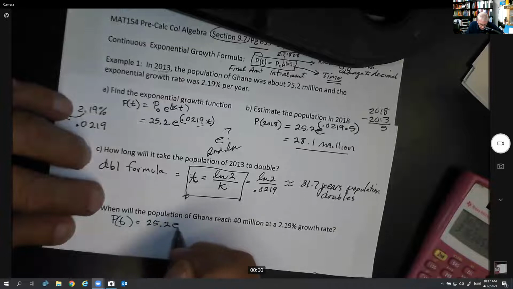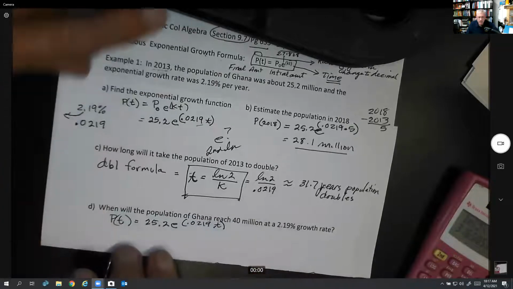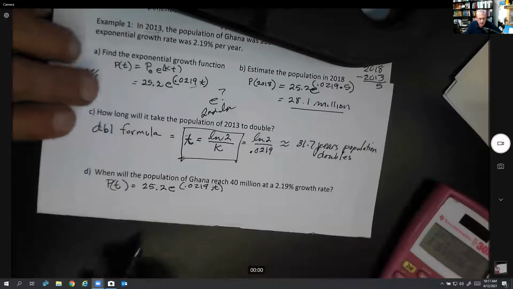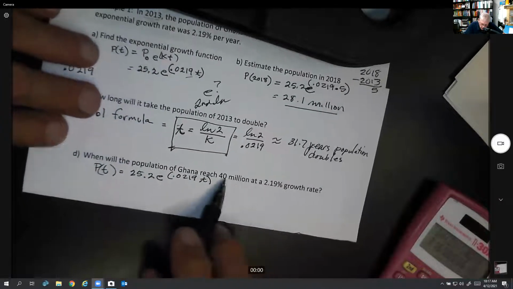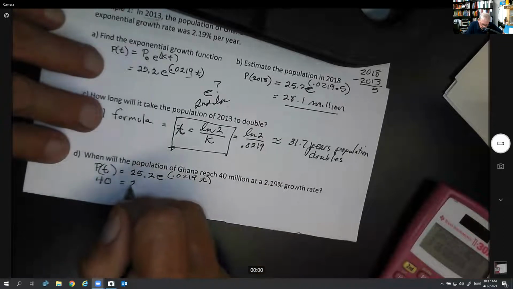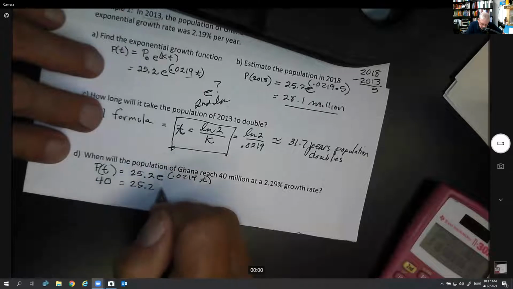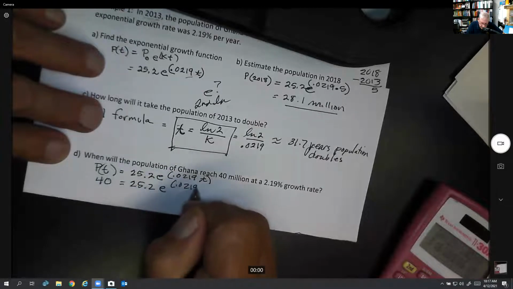We're going to use this formula right here. It's this one right here from problem 1. When's it going to reach 40 million? Well, we're going to put 40 here. It's 25.2 now. E to the 0.0219 t.